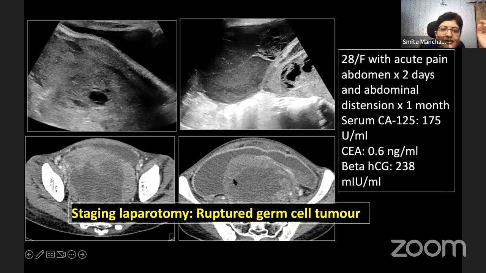We had suggested that either there is an entire degree of peritonitis which has happened because of a rupture, we could not really demonstrate any rupture, or there is peritoneal seeding of the disease entirely. But usually in peritoneal seeding also, what we normally get is discrete peritoneal deposits. This kind of enhancement is very unusual. And on staging laparotomy, it turned out to be a ruptured germ cell tumor.